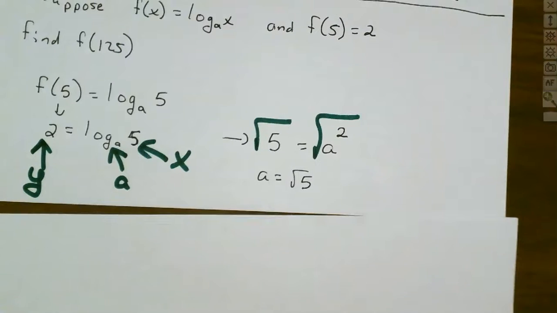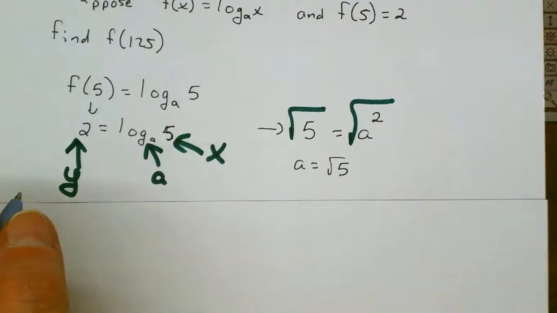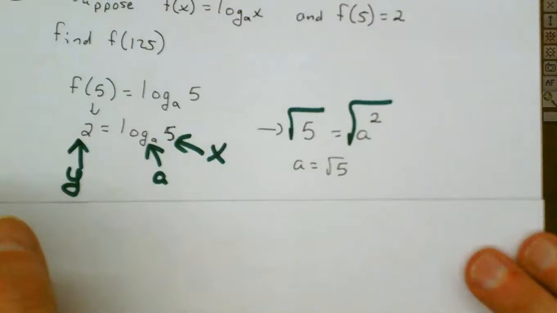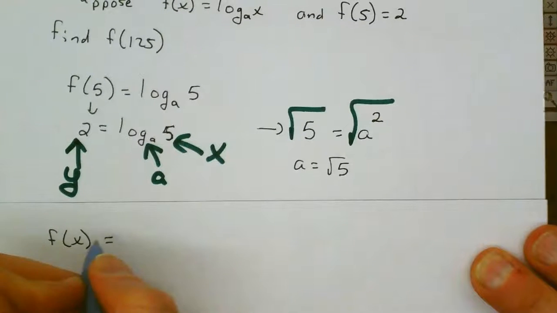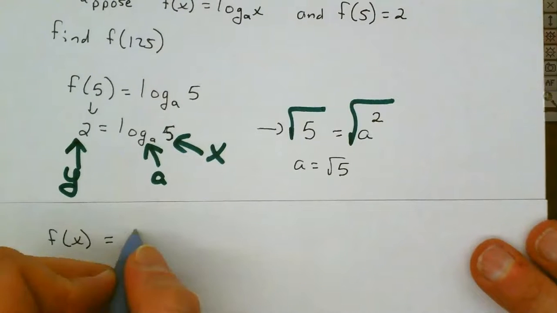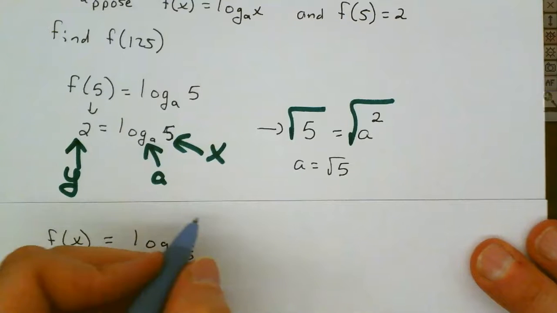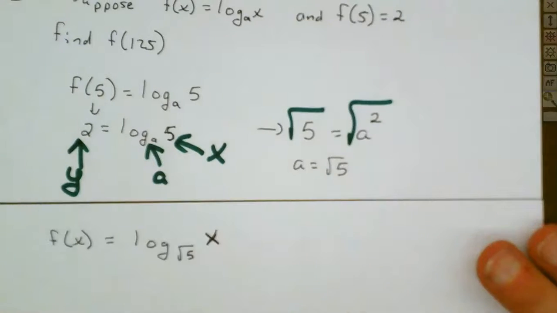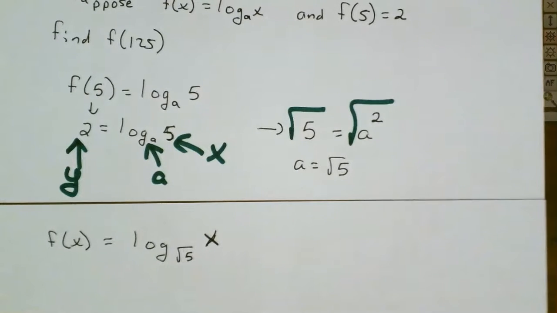So now we can rewrite it, and we can find f of 125. So rewriting, we've got f of x equals log base square root of 5 of x. That's our formula. And this one's a little bit trickier because you have a square root base.